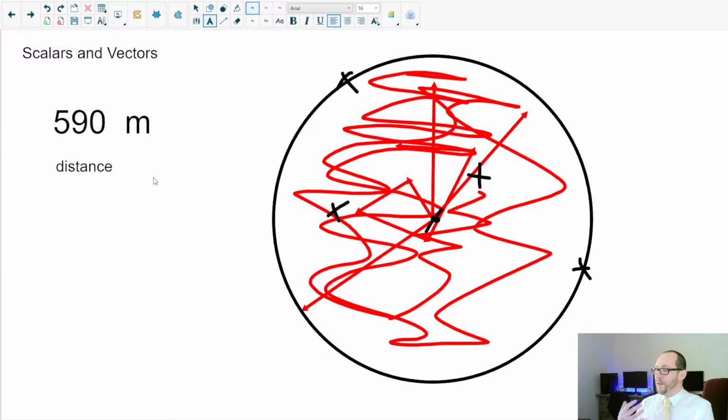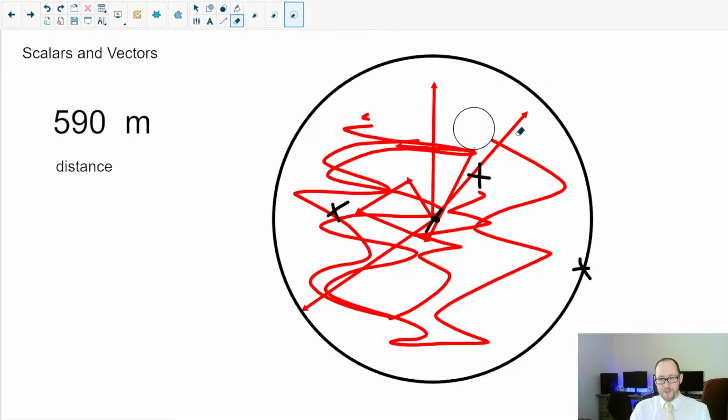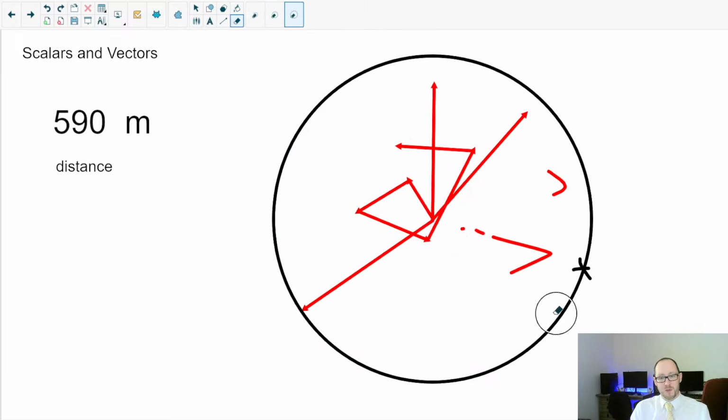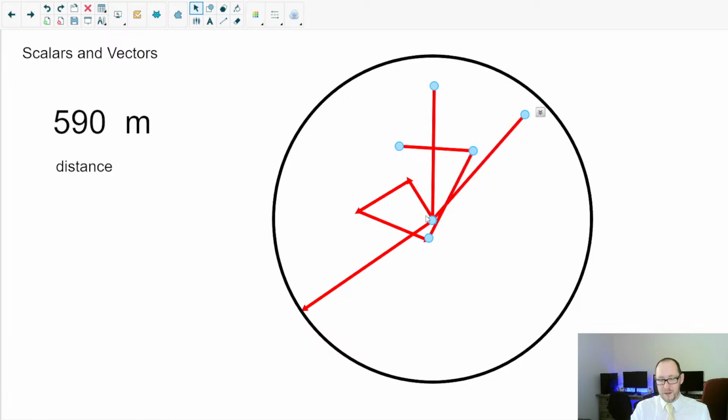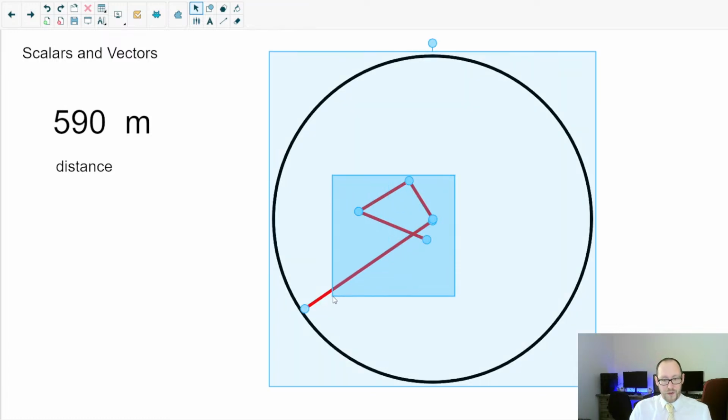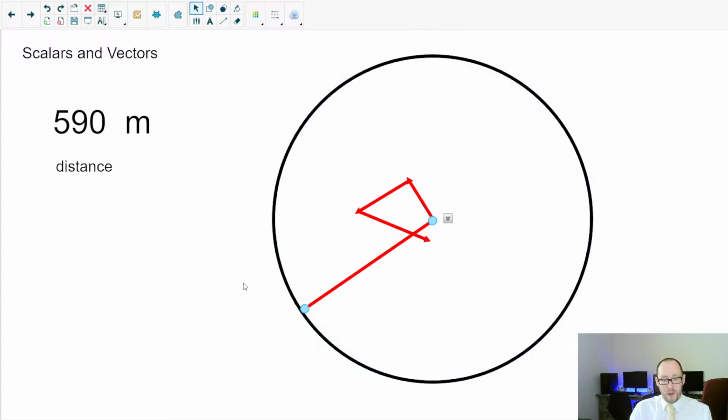Now, if I said something slightly different, if I'd said, I want you to end up 590 meters away from the center of this circle, or away from the middle of the field, then suddenly your ability to kind of mess with me is heavily restricted. All you can do at this stage is walk 590 meters in a straight line, or at the very least, if you're going to walk more than 590 meters, to end up 590 meters away.